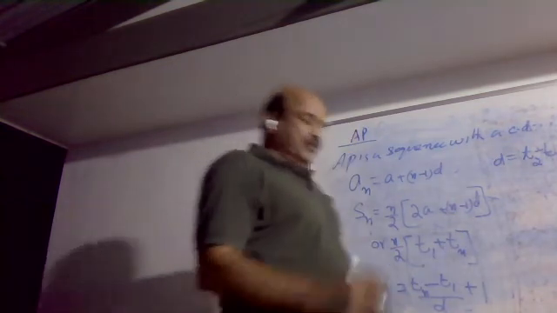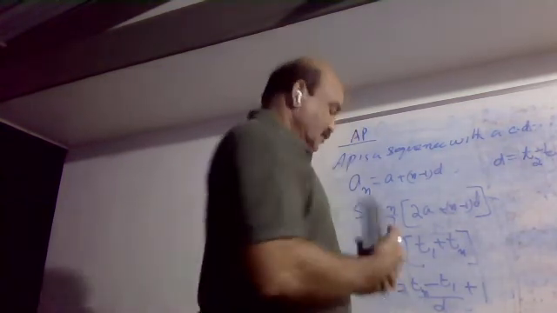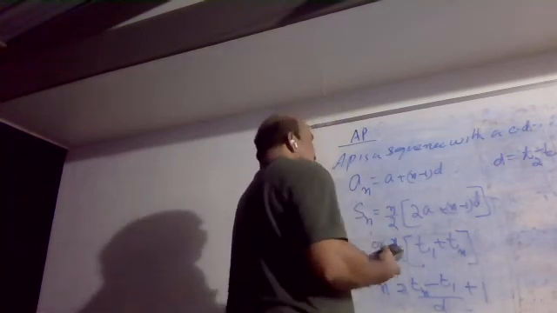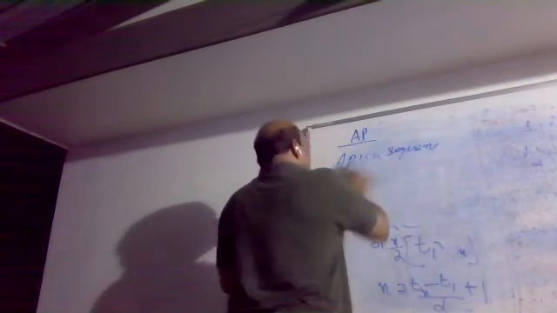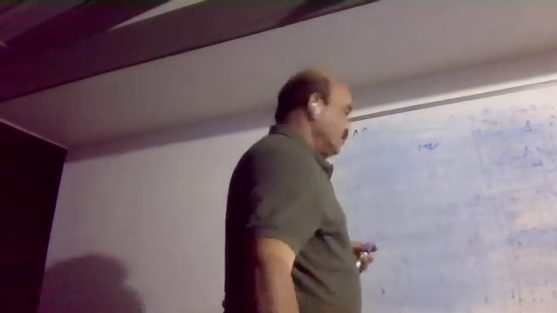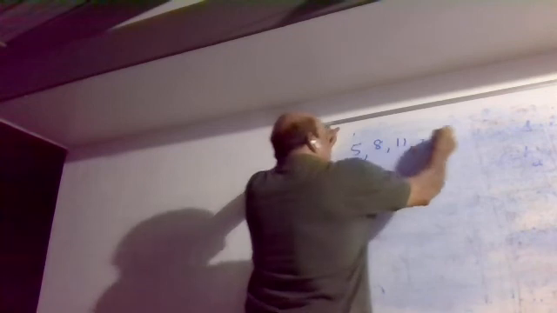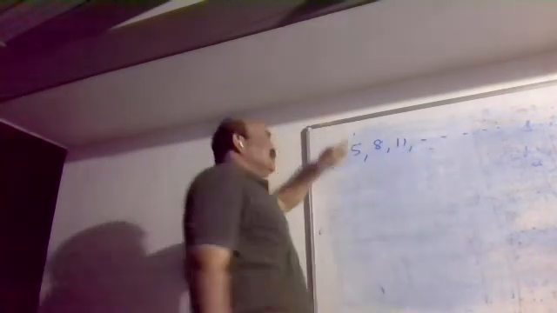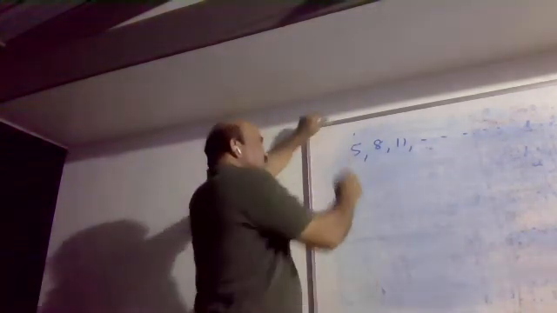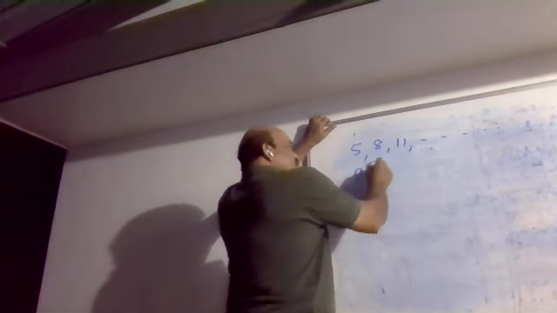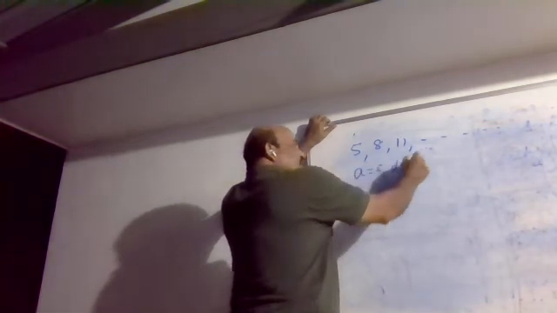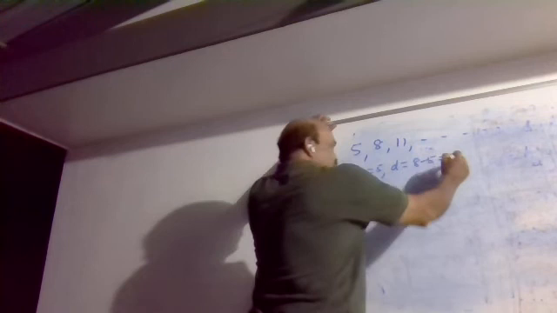Now we can do a few questions. You are given an AP: 5, 8, 11, etc. You see that this is an AP. What's the common difference? The first term is a = 5. Common difference d = 8 - 5 = 3.